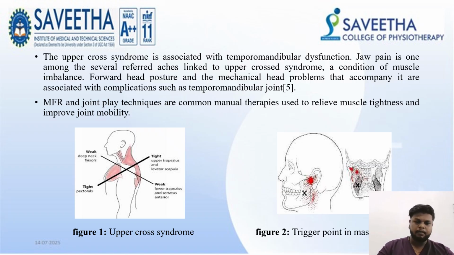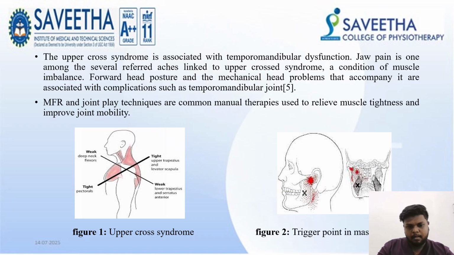In this figure one, we can see the cross syndrome. So here, the deep neck flexors are prone to weakness, and also on the posterior side, the lower trapezius and serratus anterior will go for weakness.